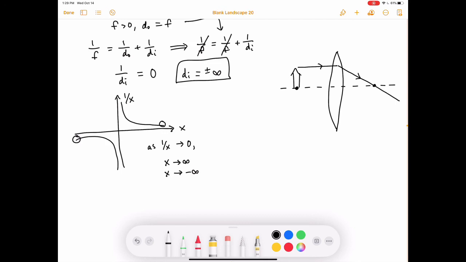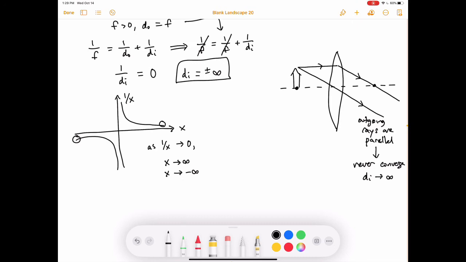And then let's draw another one. How about the one that goes just straight through the center of the lens like this? So actually, these two outgoing rays are parallel, so they're never going to converge. So they never converge, which means the image distance is all the way out to infinity.